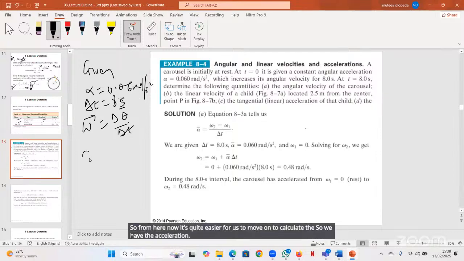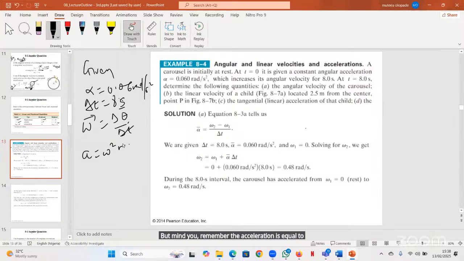But mind you, remember that acceleration is equal to omega square R. But here, we can calculate our T. Acceleration can also be written as this. Now, if you are trying to solve for the angular acceleration, it is the angular velocity divided by change in time.